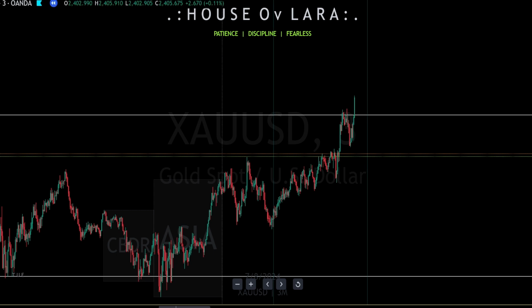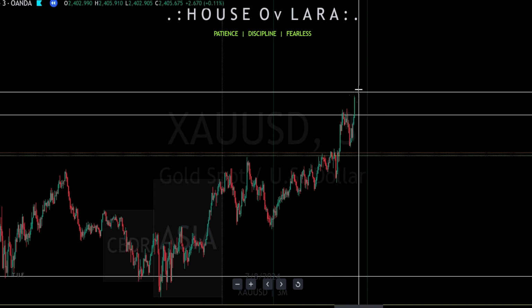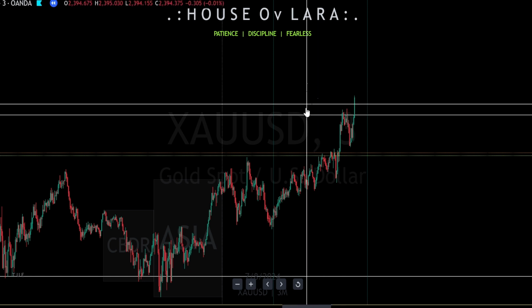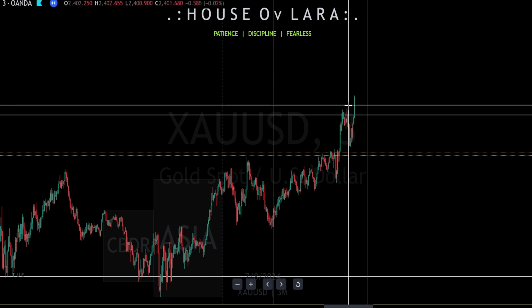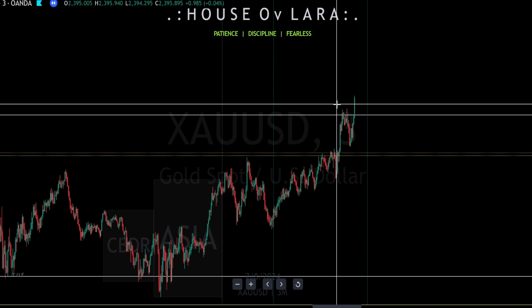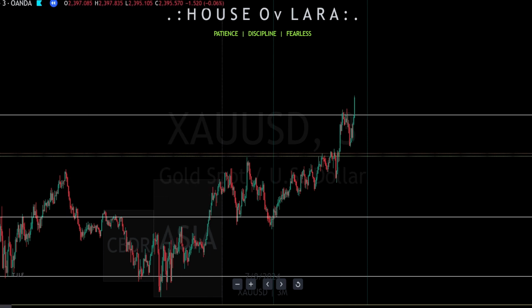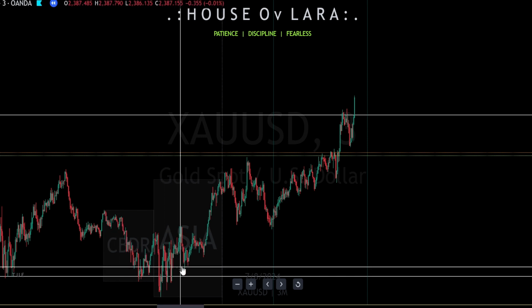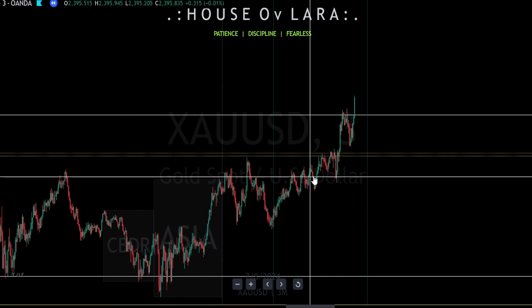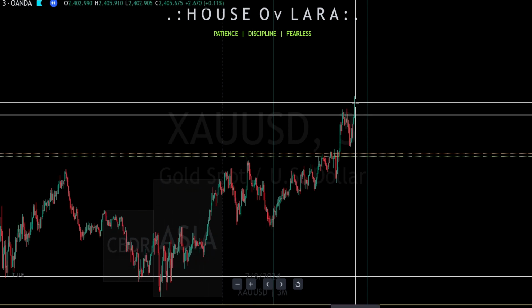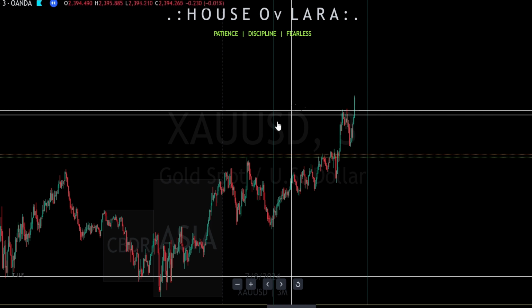See? But this was another fake out, like a lot of you might call it. But I held it and I actually added another position, because it was pretty clear to me that it was going to go there. I was confident that I was going to be able to capitalize on that, and so I held it through.